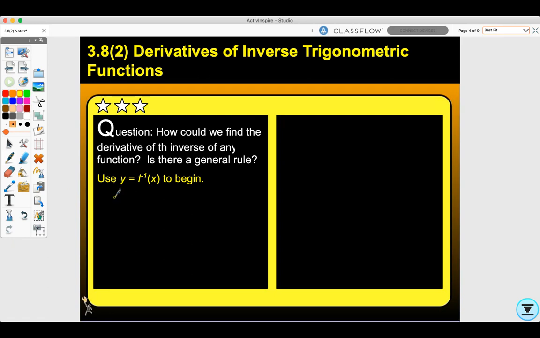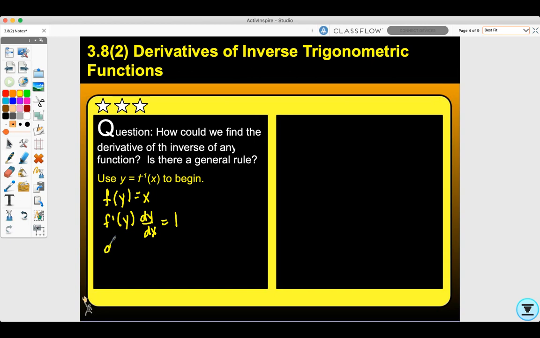Okay, so what we would do is we would have f of y equals x. So then I would find f prime of y times dy/dx equals 1.